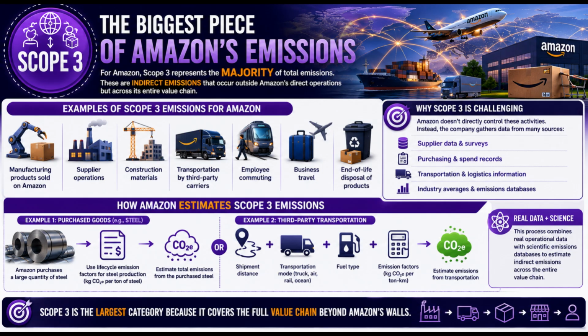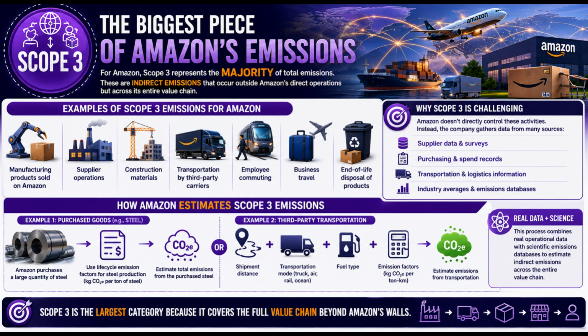Instead, the company collects supplier data, purchasing records, transportation information, and industry averages. For example, if Amazon purchases a large quantity of steel, it can estimate emissions using life cycle emission factors for steel production. If a third-party logistics company ships products, Amazon estimates emissions using shipment distance, transportation mode, fuel type, and standardized emission factors.